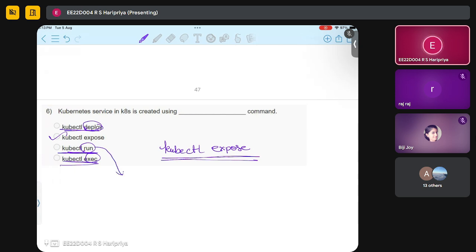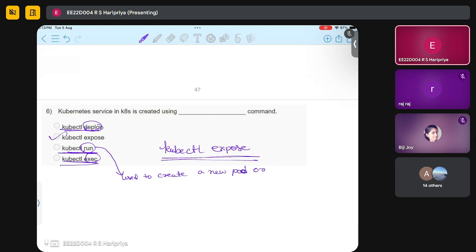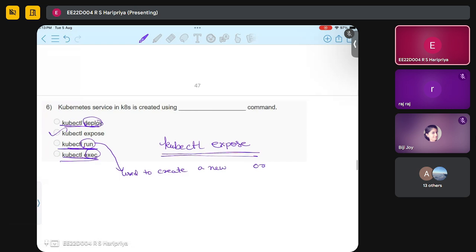So this one creates a new pod or deployment.